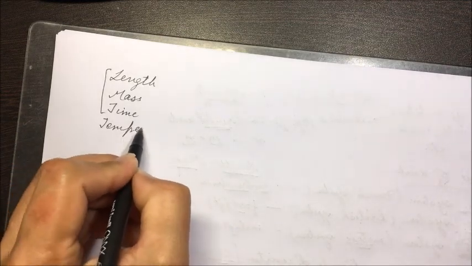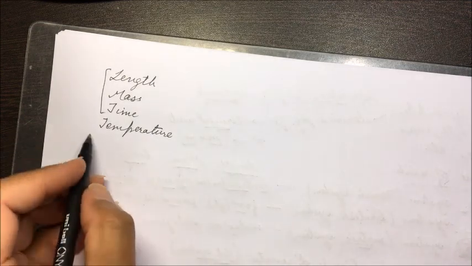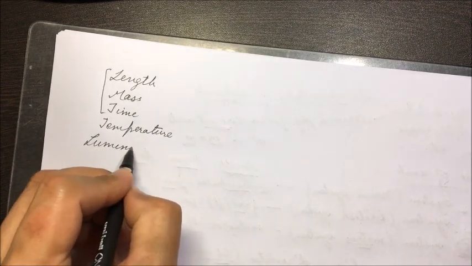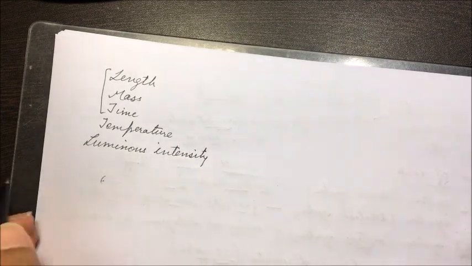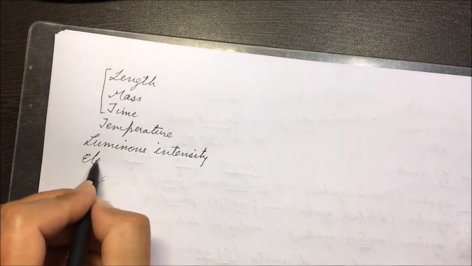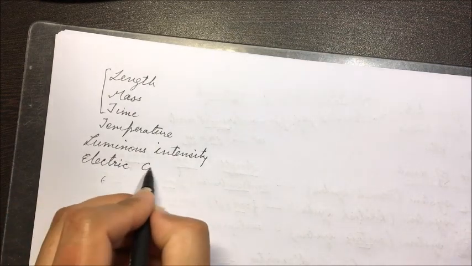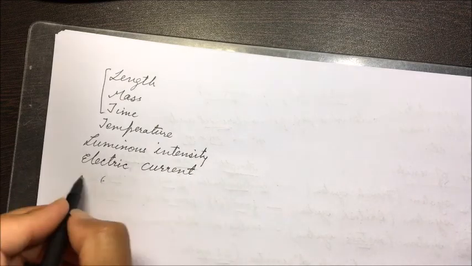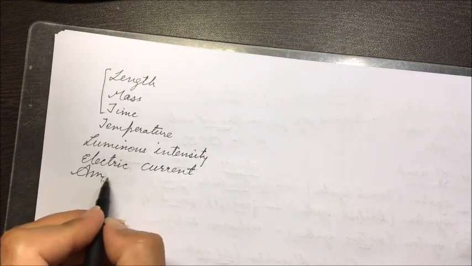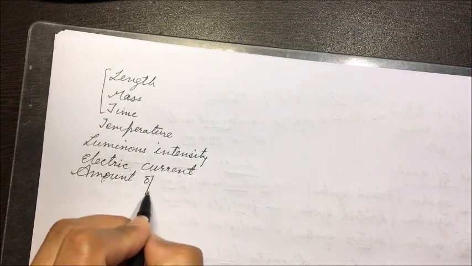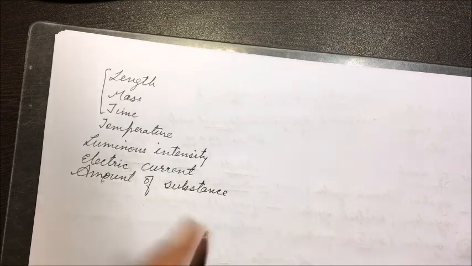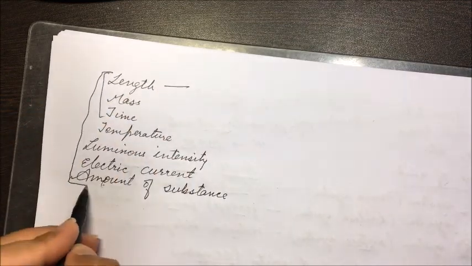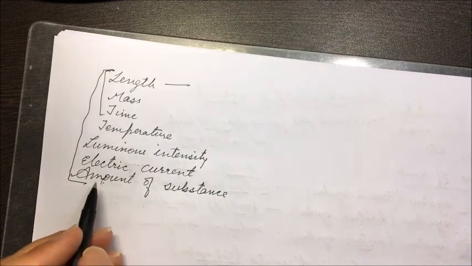Now 4 more were added. They are temperature, luminous intensity, electric current, and amount of substance. So these 7 are there in the SI system.